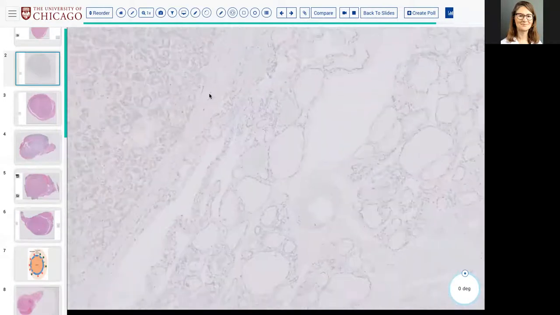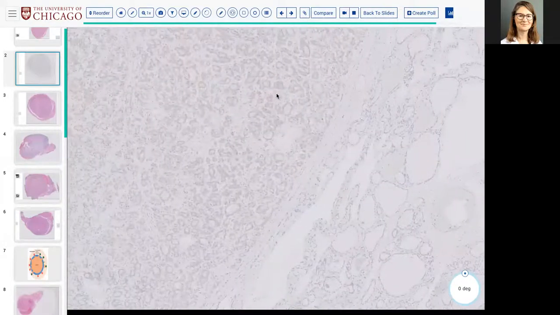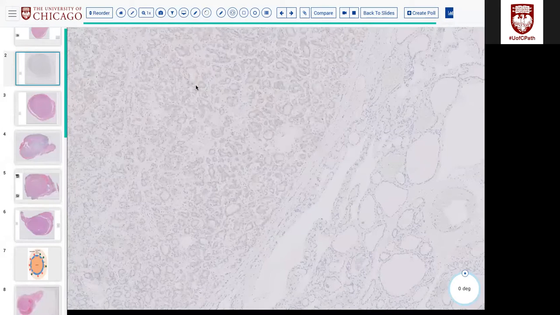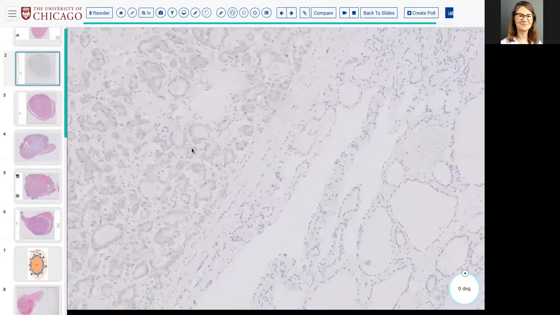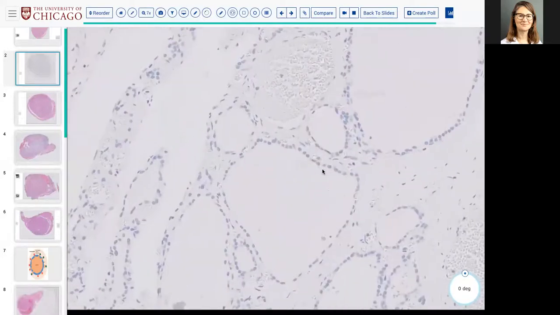So now your diagnosis is? It's going to be PTC. Yeah, it has to be. Follicular variant? No. Yeah, so great question. Two comments. One, the BRAF antibody that we are currently using can be very weak, but is generally extremely clean in the background.